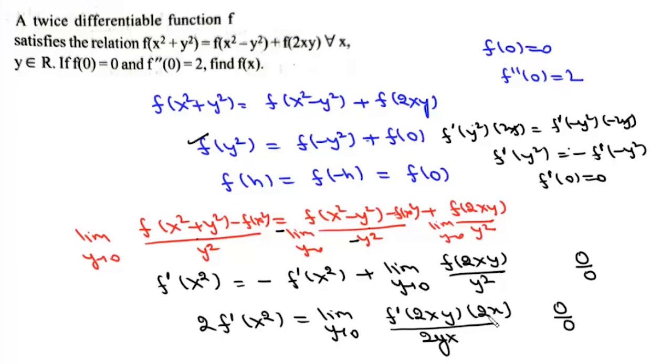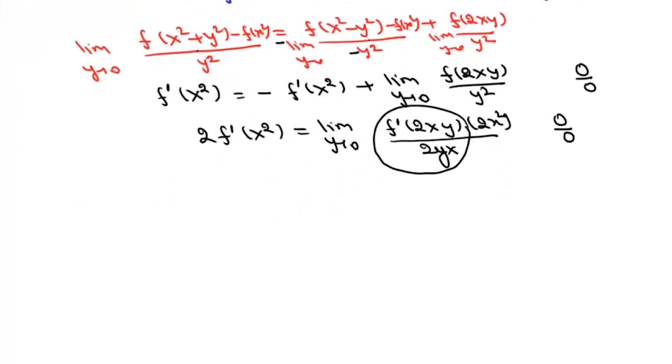Now we multiply it with x and divide it with x. This is second derivative of this function at 0. So it will be f double dash 0. So we can write 2 times f dash x square will be f double dash 0 into 2xy. Now this 2 and 2 will cancel, and f double dash 0 is given as 2.